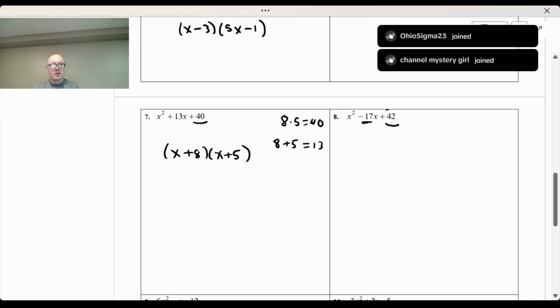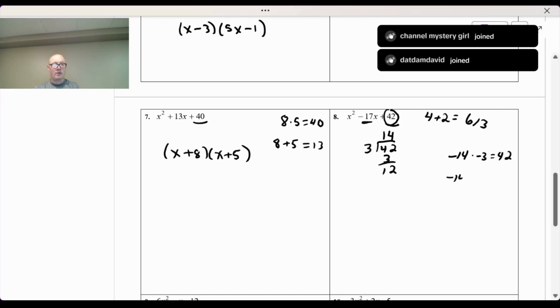Well, one thing I notice is that 42, if you add 4 and 2 together, you get 6, which is divisible by 3. So that means 42 is divisible by 3. So 42 divided by 3 would be 14. And that's the combination that we're going to need here. So if I go negative 14 times negative 3, I get 42.